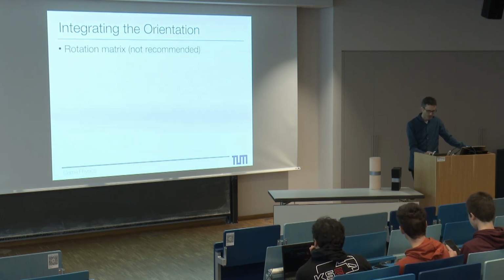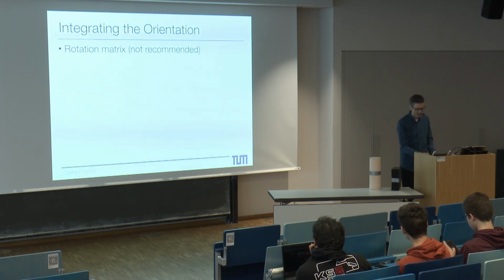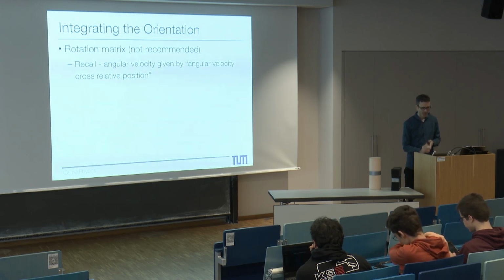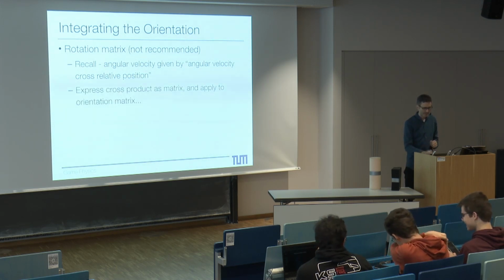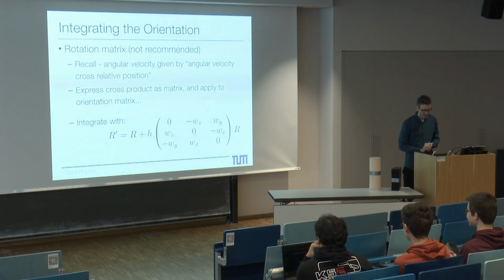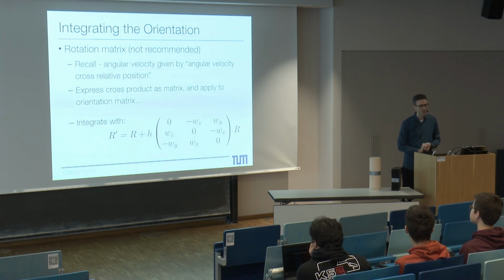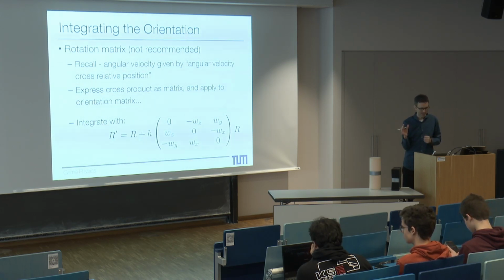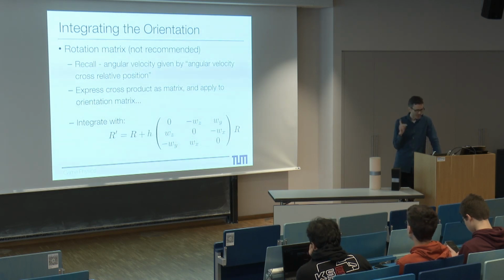Right, some notes on a rotation matrix. So you can actually express a cross product as a rotation matrix. So in this case, if you actually want to apply a motion by some angular velocity, or w, in terms of this cross product to the rotation, this is actually quite neat.